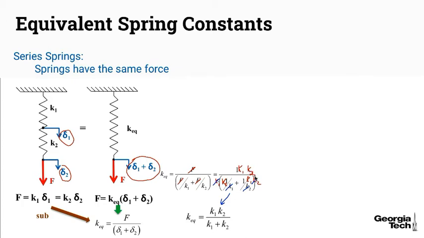K2 over K1 plus K2. So that's the equivalent spring constant for springs in series.